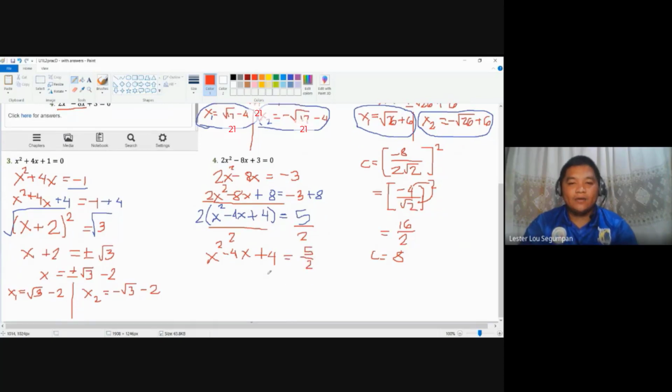And then this is now equivalent to x minus 2 squared equal to 5 halves. Take the root of both sides, which is square root. So you will have here x minus 2 is equal to plus or minus the square root of 5 halves.